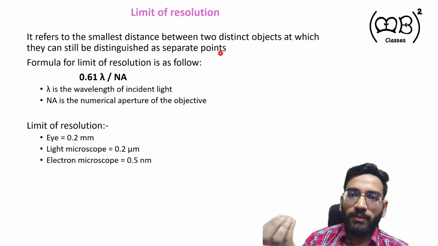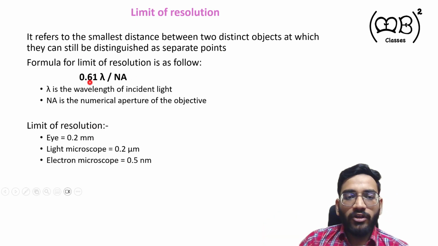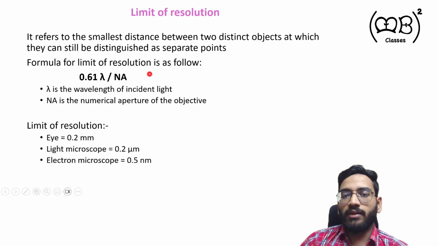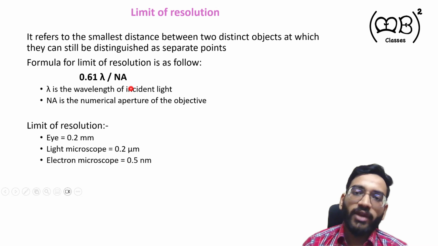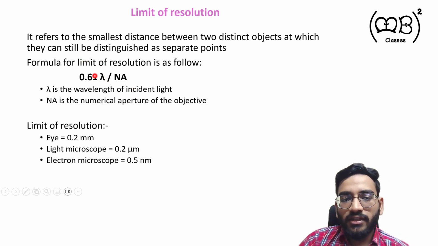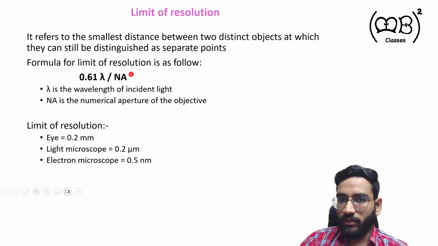This is measured in centimeters, micrometers or millimeters. Now the limit of resolution would be 0.61 lambda by numerical aperture, with respect to microscopy. So we can see that the limit of resolution is very much dependent upon the wavelength of the incident light and the numerical aperture.